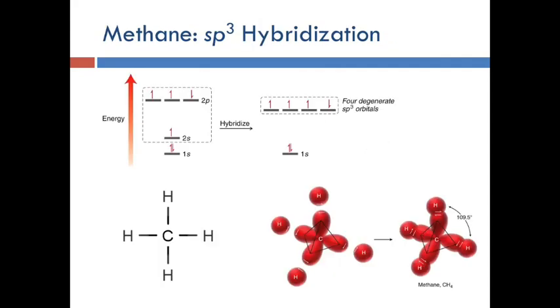This is what we've got in methane. So we draw methane flat like this, but we know from experiment that it's not flat. It's tetrahedral. And those 4 degenerate orbitals is what gives methane its tetrahedral shape.